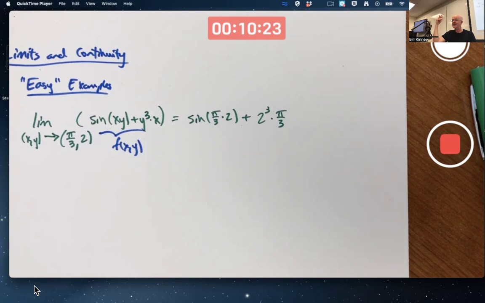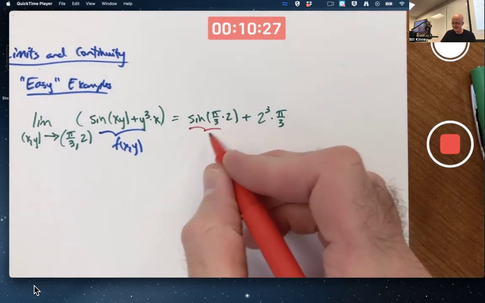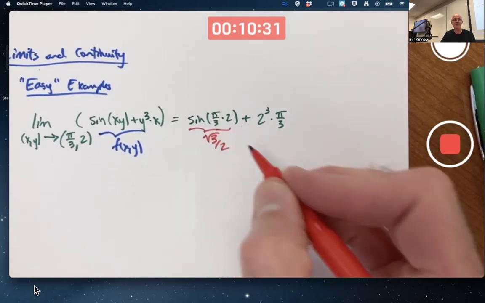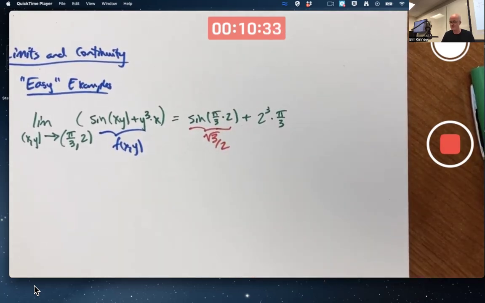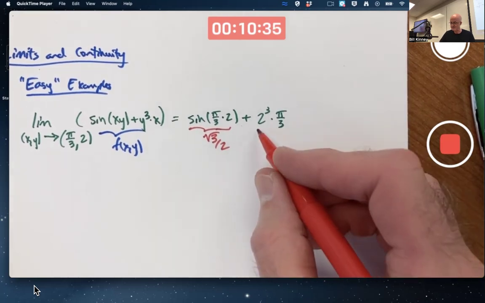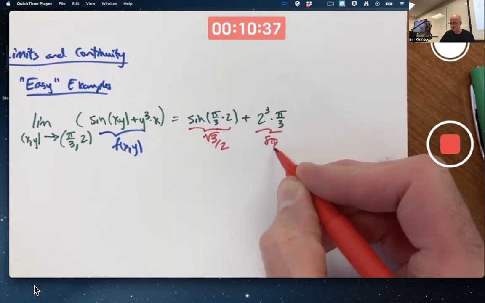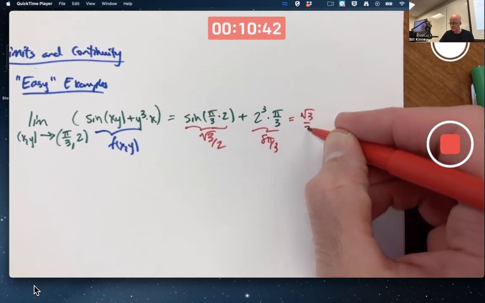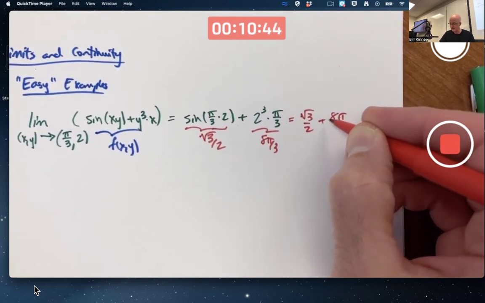Of the memorized values, this should be square root of 3 over 2. That's what ultimately sine of 2 pi over 3 is. And of course, this simplifies to 8 pi over 3. So you could write the answer as square root of 3 over 2 plus 8 pi over 3.